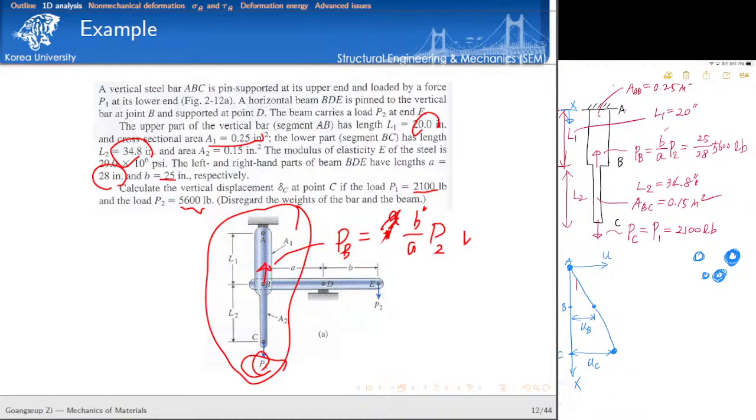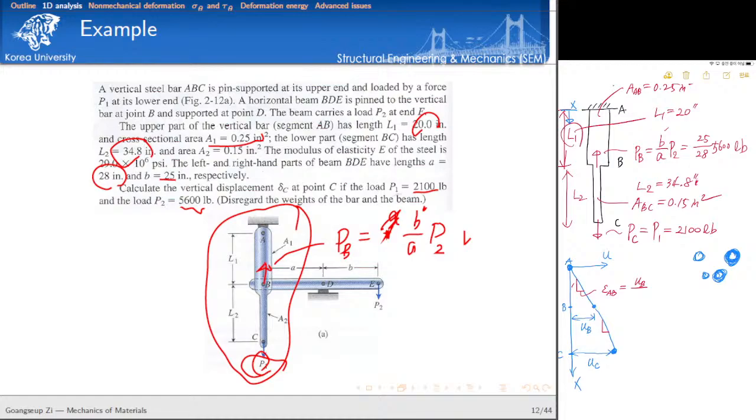Strain is what? Strain is given by this slope. So elongation in this segment is UB minus 0 and UC minus UB, isn't it? Strain in AB segment is equal to UB divided by LAB.